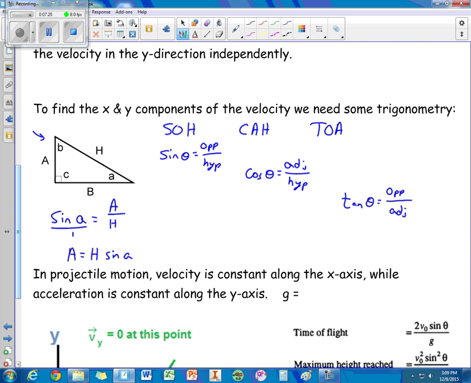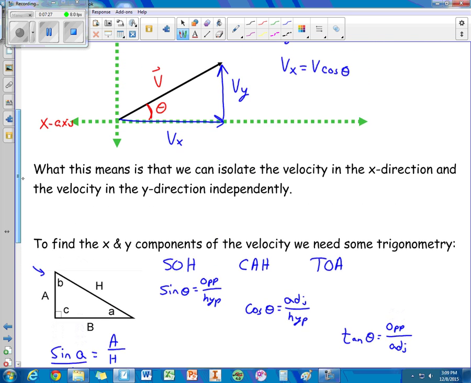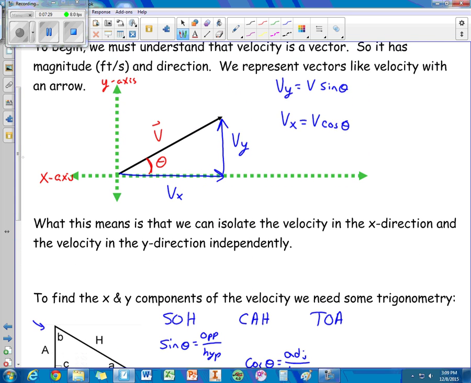So that's how I calculated this Vx and Vy up here. I saw that sine of theta equaled Vy divided by V, and then when I cross multiplied, I was able to get my equation for Vy. Then I did the same thing for Vx, except I used cosine.